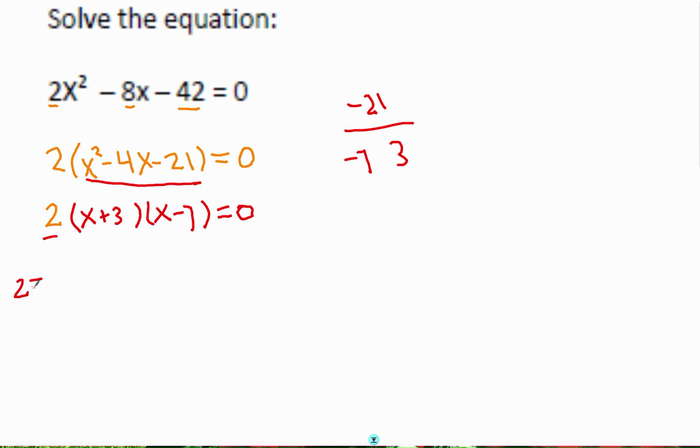Setting 2 equal to 0 doesn't make sense. If there were an x there, that would make sense, but there's not. This is going to give me negative 3 when I set it equal to 0, and this is going to give me positive 7. So I went a little faster there. So I get x equals negative 3 and 7.